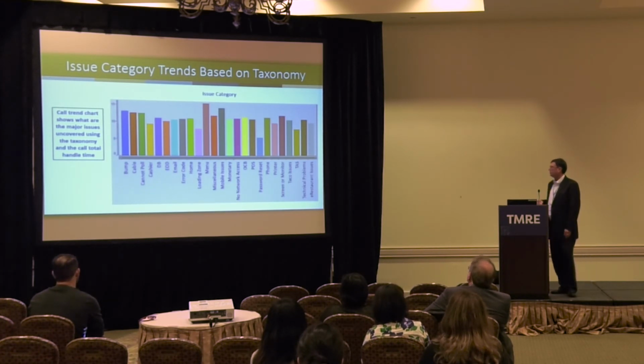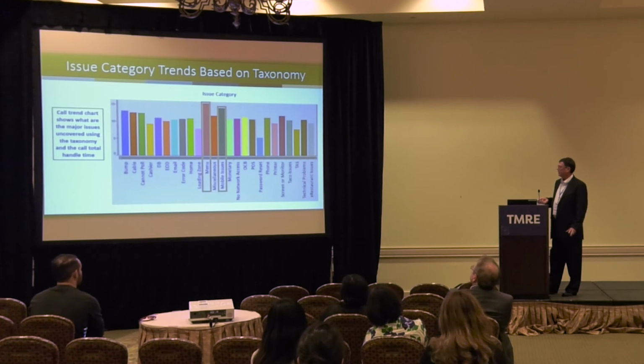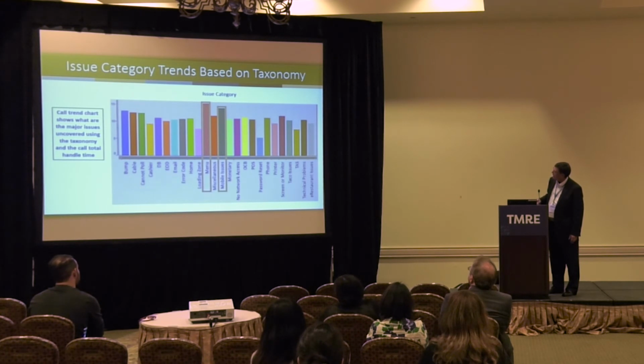So this is a trend chart based on the major issues that were uncovered using the taxonomy, and then the total call time in minutes. And what was interesting in this, we didn't have categories for the menu keys, which is what this is, and mobile issues.